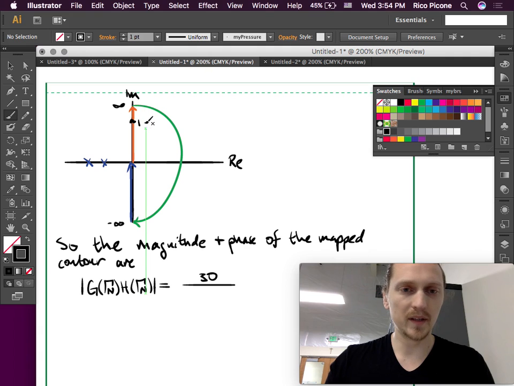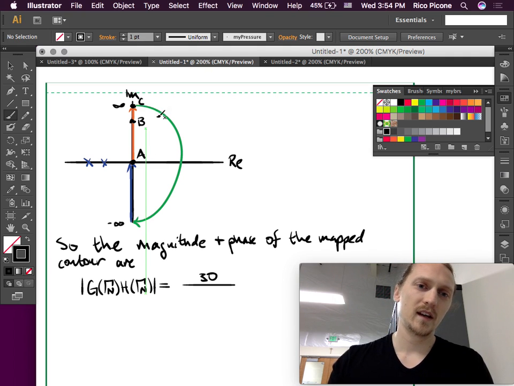I'll call this B. Let's call this point here C. Obviously, I need an A, which I'll put at the origin. So A, B, C. We're going to go around. This is all out at infinity too, if you're curious. Around here to this point, which I'll call D, and then back up to A.